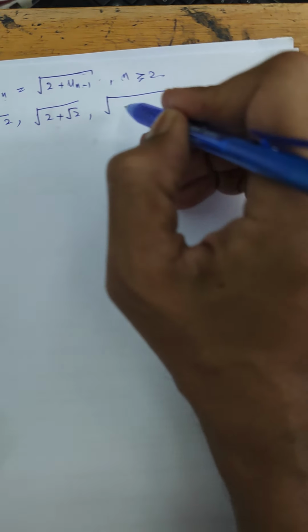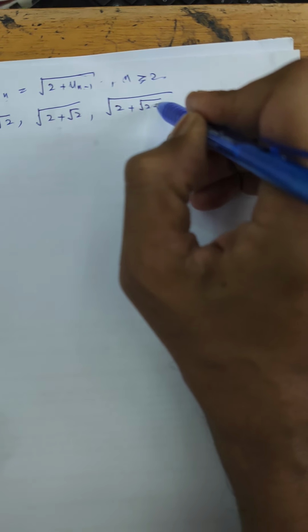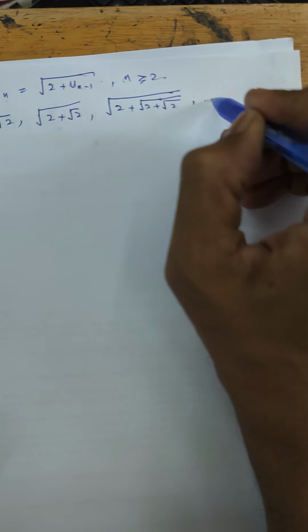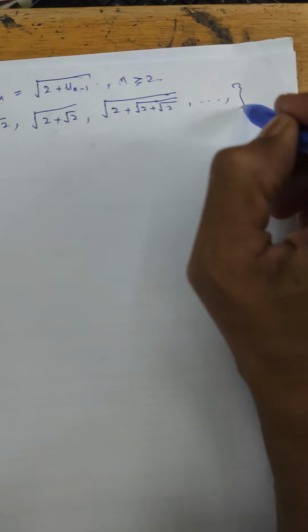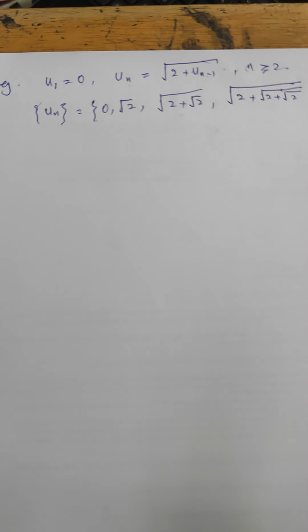Next you get root of 2 plus root of 2 plus root 2, and so on. So that's your sequence. Now, how to find the bound for this sequence?